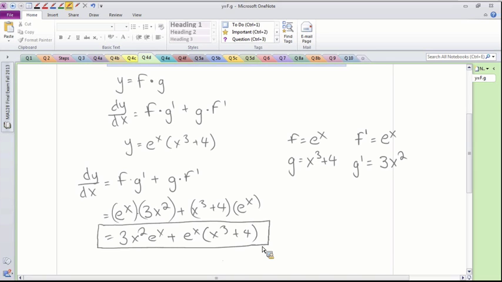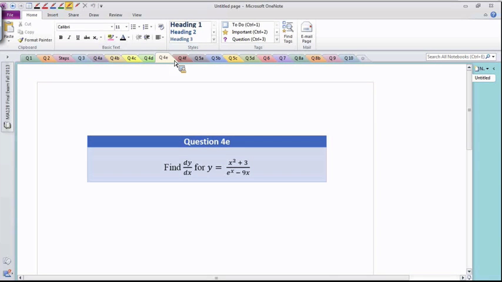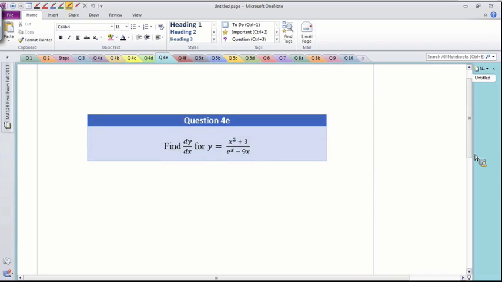Okay, so if there's no other questions, let's move on to question 4e. If y is equal to (x squared plus 3) over (e to the x minus 9x), find dy/dx. So what do you notice about y this time? It's something divided by something, or in other words, we can call that a quotient.